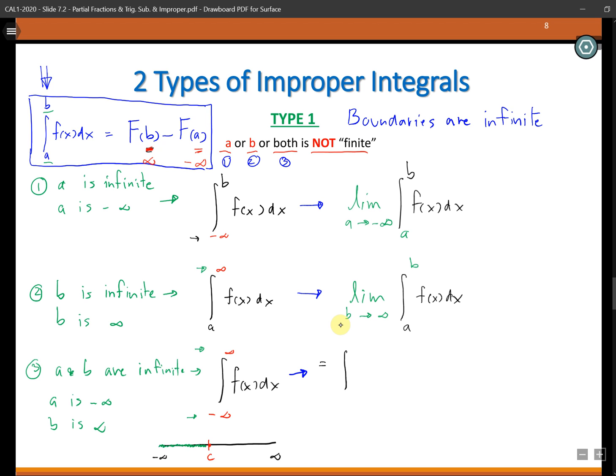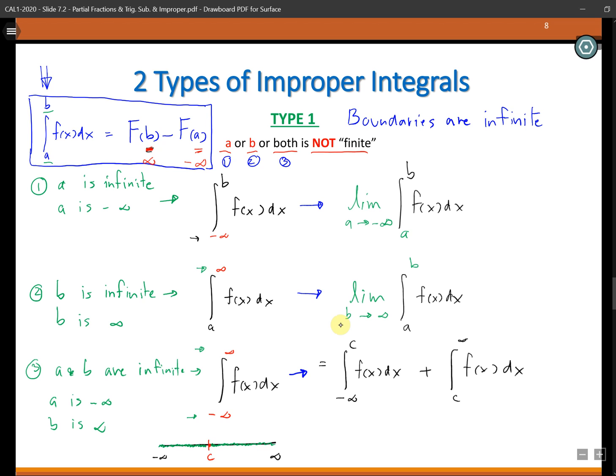So it's the integration of fx dx starting at minus infinity to C plus another integral, starting at C to positive infinity, and here we have fx and dx.